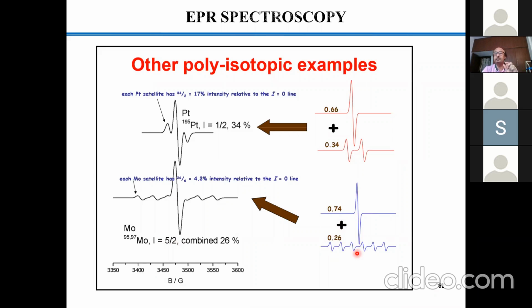Each line intensity would be 18 times smaller than the parent line, this one. So you could see much smaller lines compared to this one, right? As I said, if your system is good enough, including the instrument, you will be getting exactly what you can expect out of your calculations.